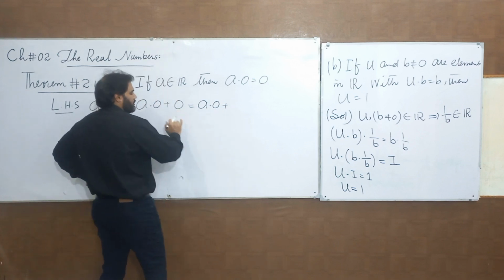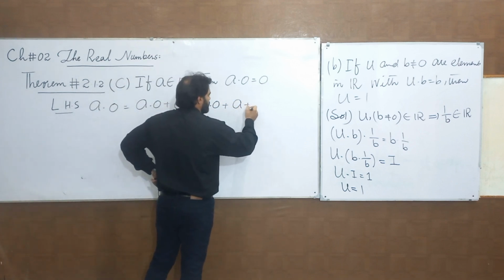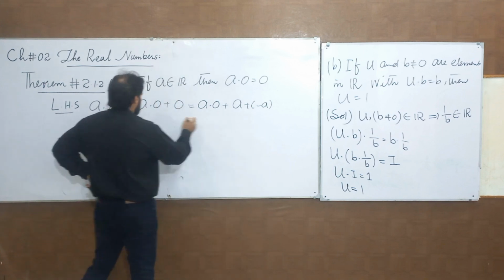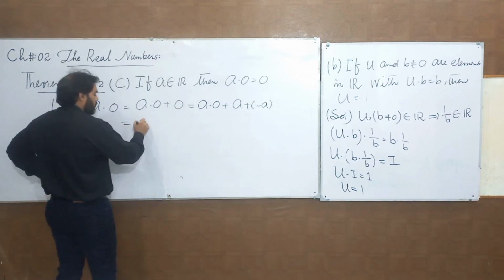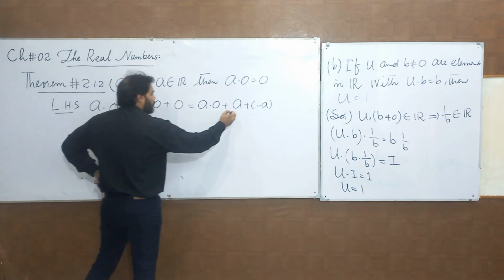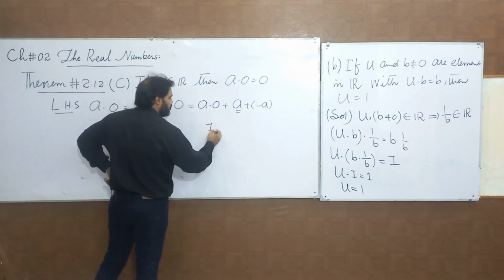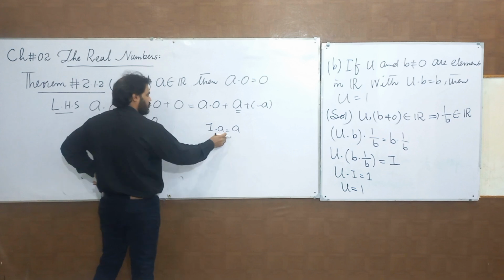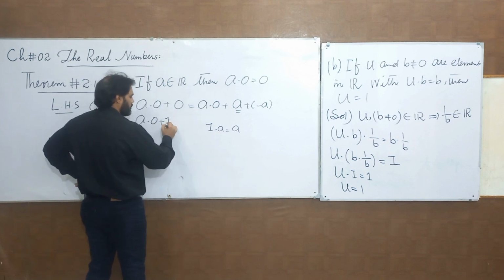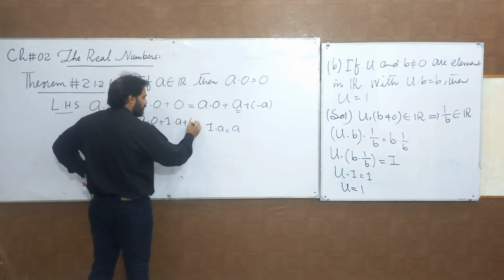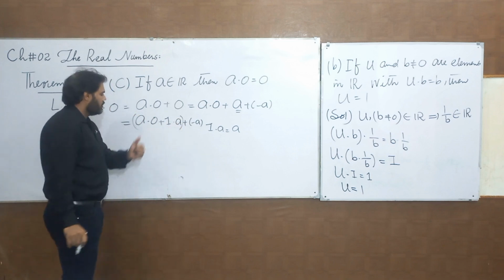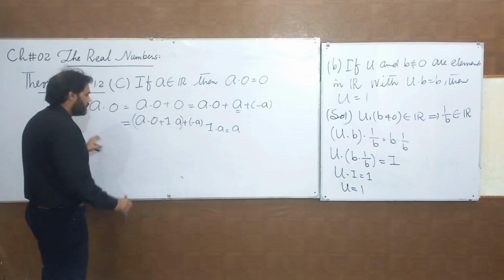Can we write 0 as a plus minus a? Further, as 1 into a is equal to a, we replace this a by 1 into a. This gives 1 into a plus minus a. Next, by using the associative property, we have this step.